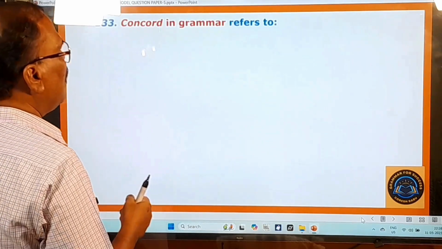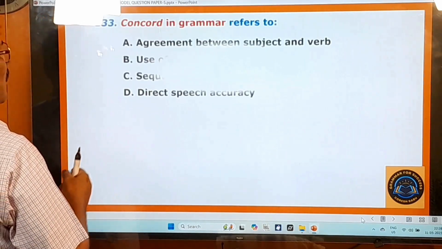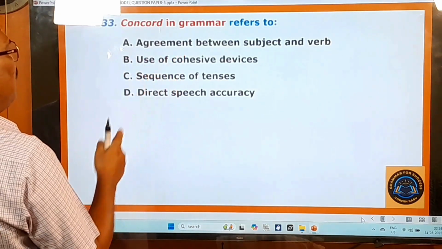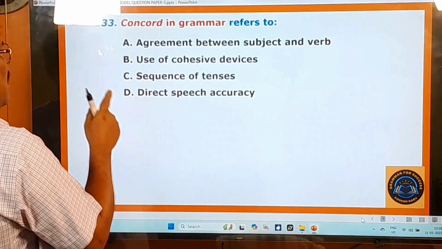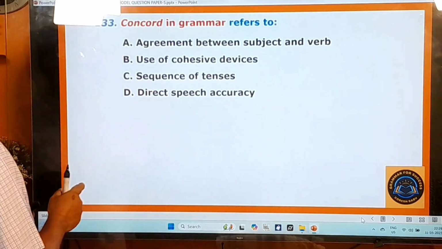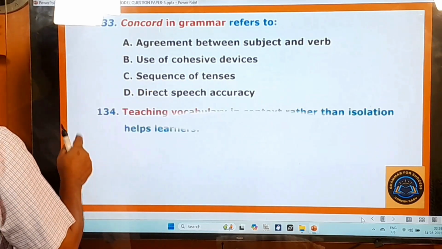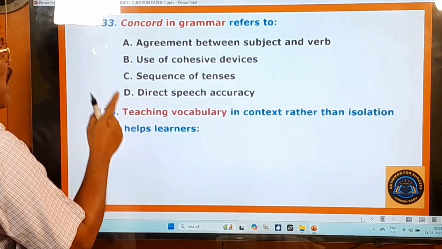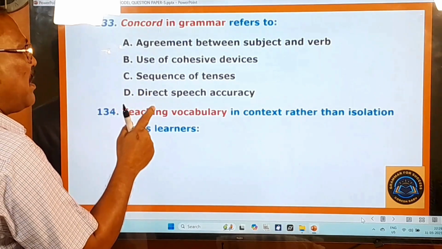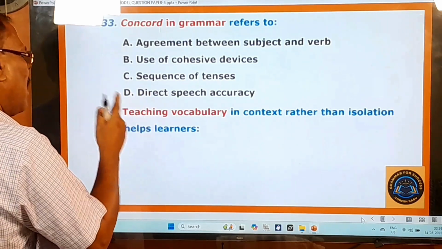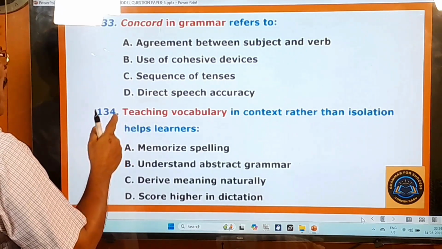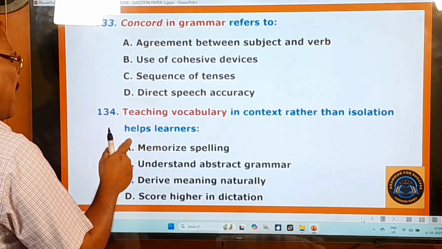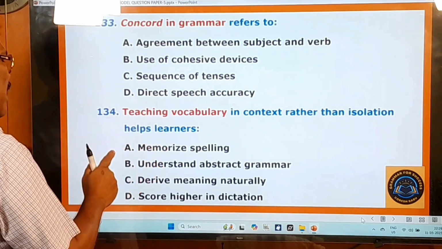Concord in grammar refers to agreement between subject and verb, use of cohesive devices, sequence of tenses, direct speech accuracy. 134th question. Teaching vocabulary in context rather than isolation helps learners memorize spelling, understand abstract grammar, derive meaning naturally, score higher in dictation.